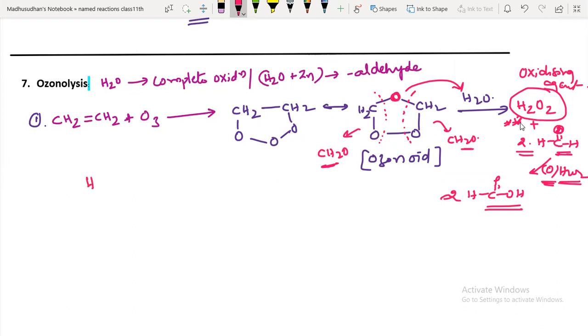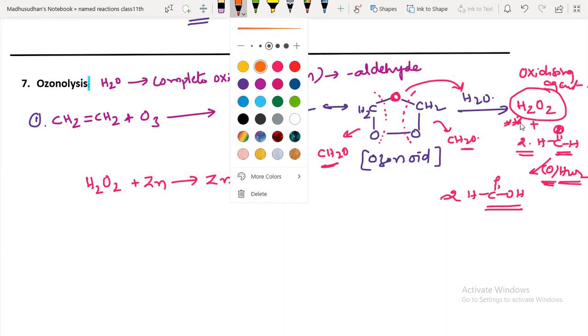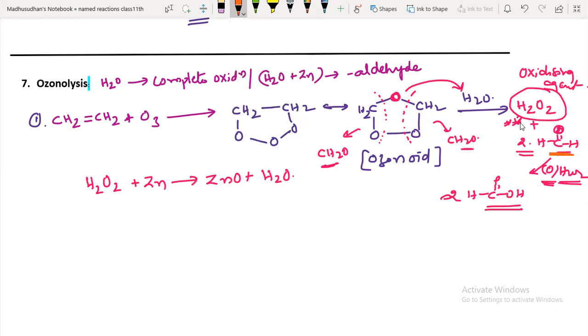So how to eliminate peroxide from the reaction? H2O2 on reaction with zinc converts to zinc oxide and water. That means the reaction will stop at the aldehyde stage only. Okay, this is the best way of eliminating peroxide from the reaction mixture. If peroxide is allowed to react with this aldehyde, you will end up with an acid. So further oxidation is taking place here.